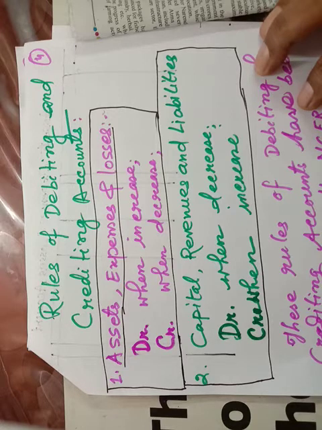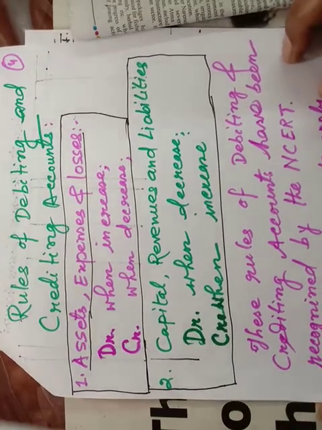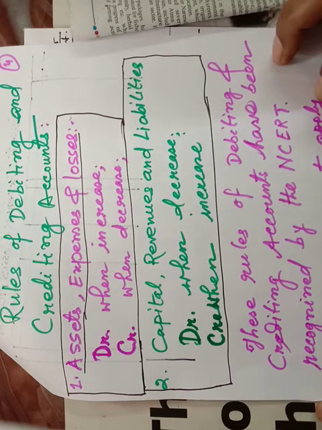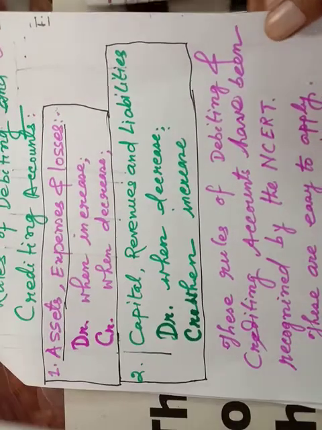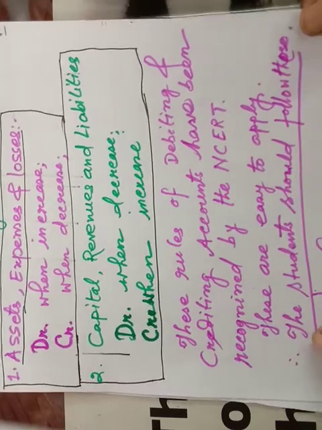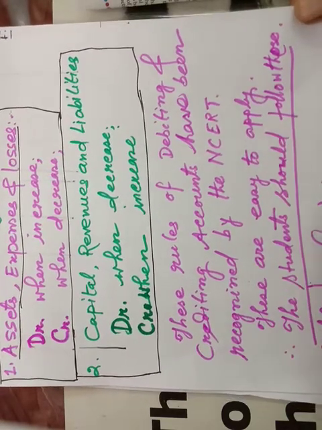So of the 6 elements, if you remember one set, then the other is just opposite. These rules of debiting and crediting accounts have been recognized and explained by the NCERT. They are easy to apply, and therefore the students should follow these rules.